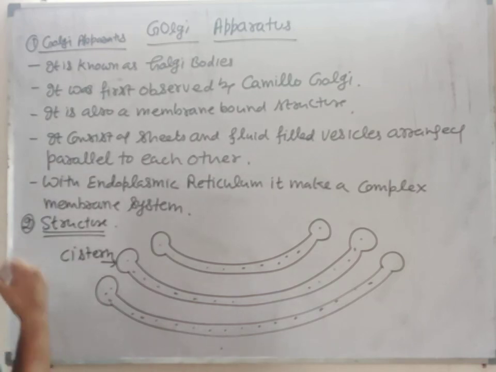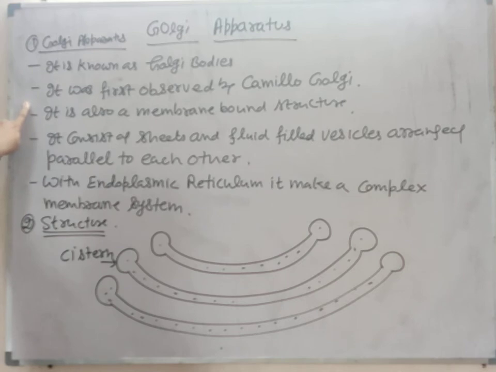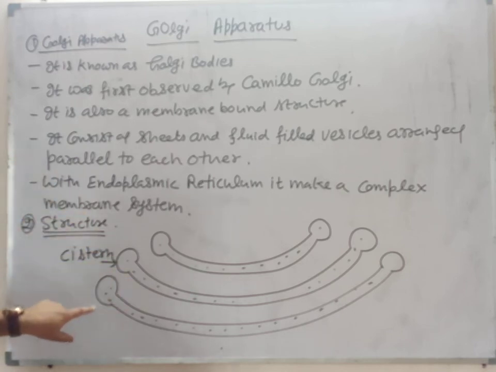So this was about the Golgi apparatus, first observed by Camillo Golgi. Membrane bound structure consists of sheets and fluid filled vesicles arranged parallel to each other. It is structure. Now we shall study its function.